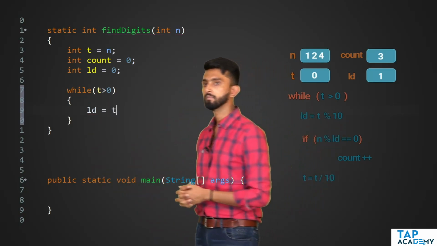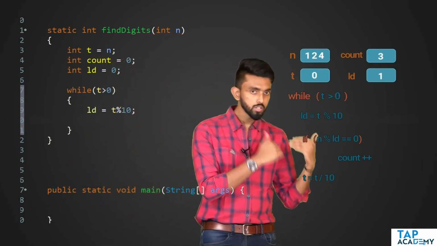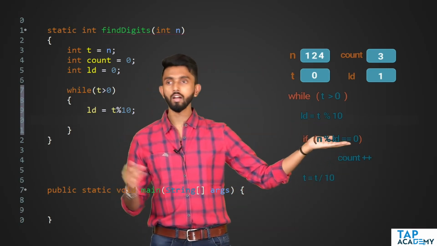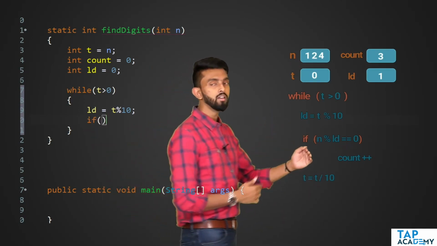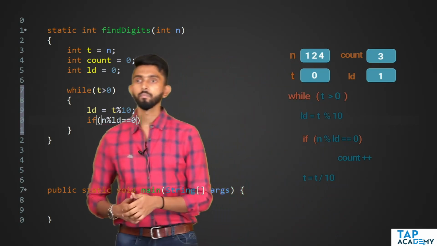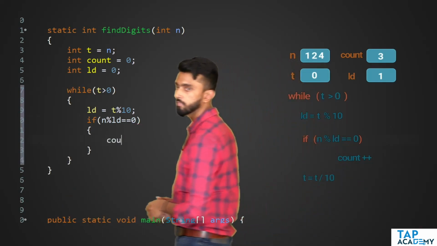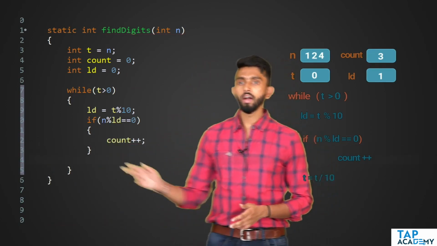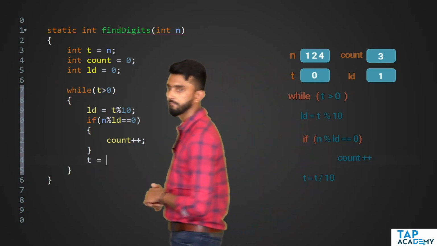So ld is equal to t mod 10. Semicolon. Next I will check if that last digit that I extracted is a divisor of n. So if n mod ld, check if the remainder is equal to 0. If that is the case, increase the value of count. So count plus plus. Great. Next I will come below and then remove the last digit from t. So t is equal to t divided by 10.